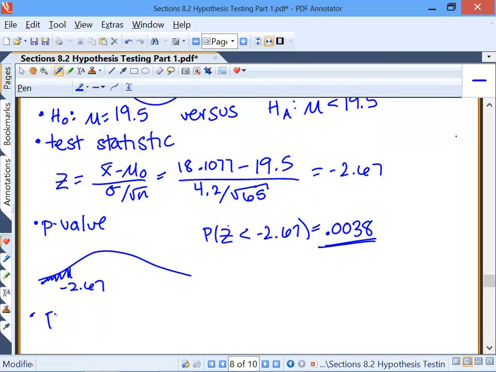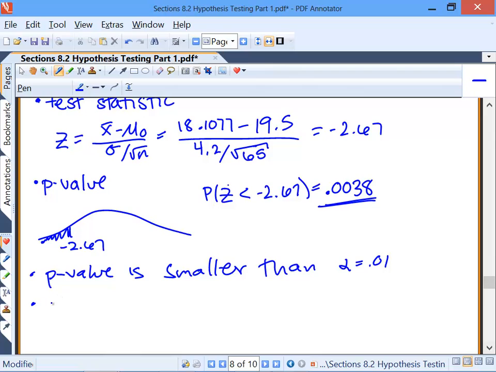So I would say that my p-value is smaller than alpha equals 0.01. And whenever I get a small p-value, I will reject the null hypothesis. So what am I going to tell my boss?